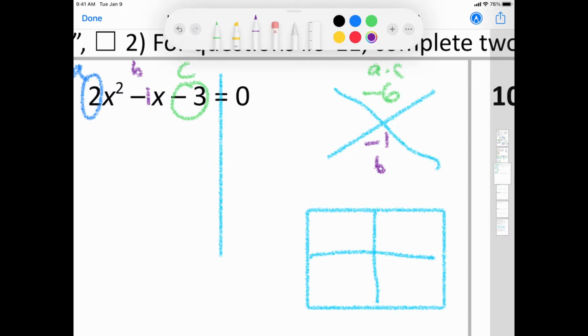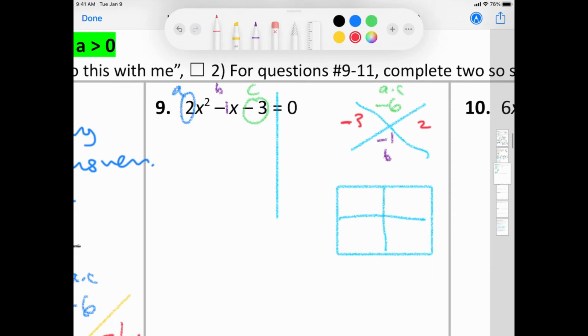What are my two numbers? 3 and 2. 3 times a negative 3 times positive 2 equals negative 6. Negative 3 plus 2 equals a negative 1. So this one will always be these two terms here, and that goes at the bottom left always, top right always.